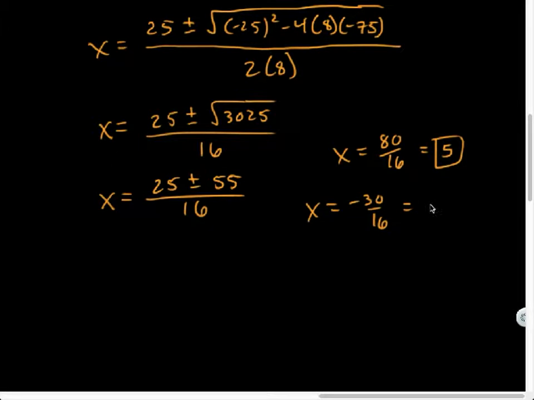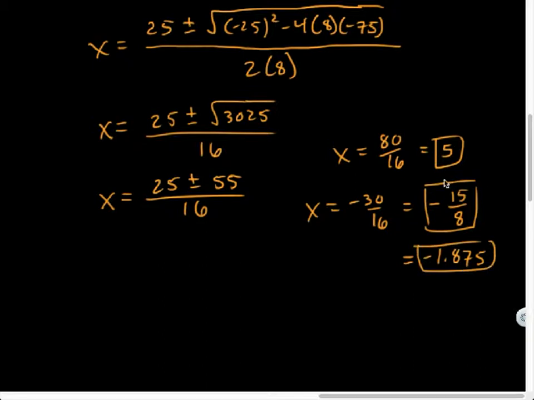And that can reduce a little bit, but not to a whole number, sadly. So that's going to be negative 15 eighths, I believe. Or that's, let's see, 15 eighths, 1.875, if you want to think of it that way.